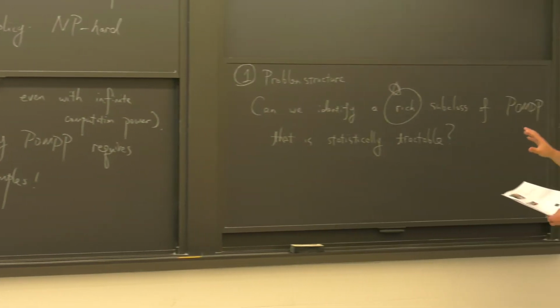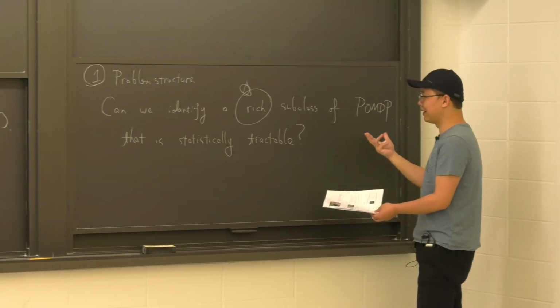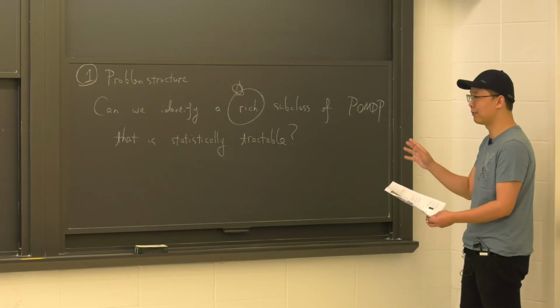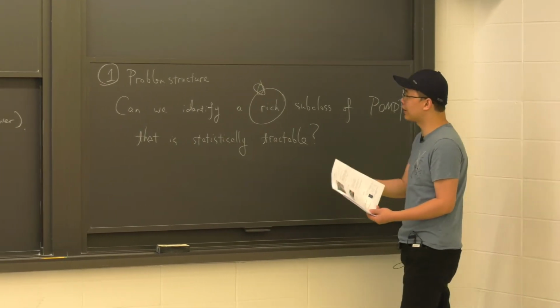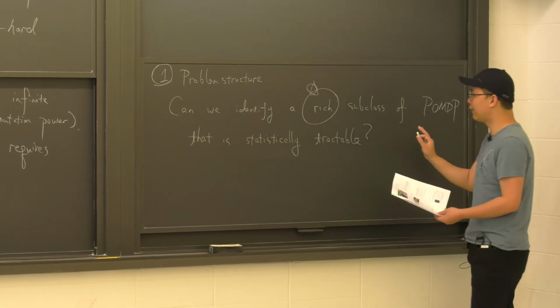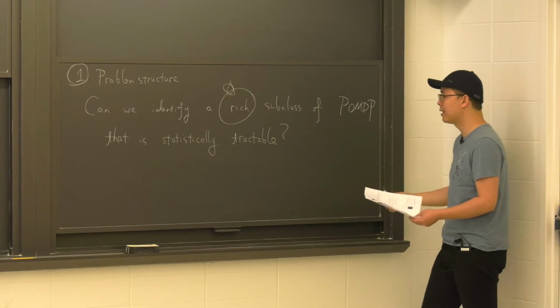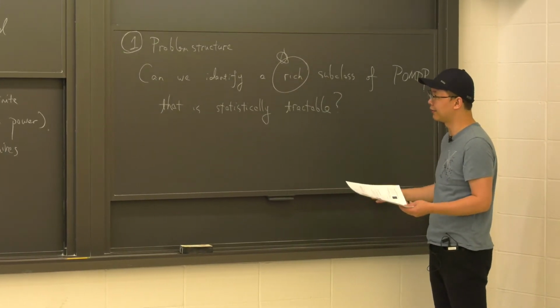But in practice there are other classes of problems which are only a subclass of POMDP, and as long as we solve those problems related to practice, we are good enough. This is why we want to identify some rich subclass. Hopefully this subclass is rich enough to cover a lot of practically useful problems, and then as long as we are able to deal with that subclass, we are in good shape.